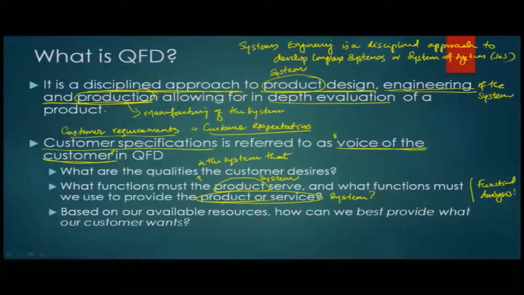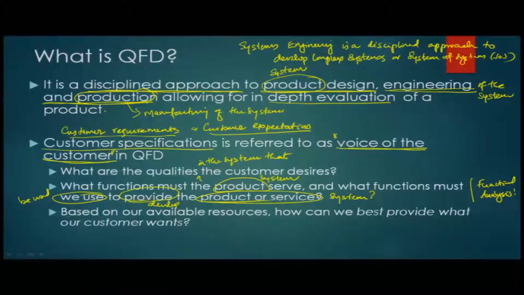So, what functions must the system serve and what functions must be used to provide the system or to develop the system? Okay. So, these things become a very important question of a functional analysis.